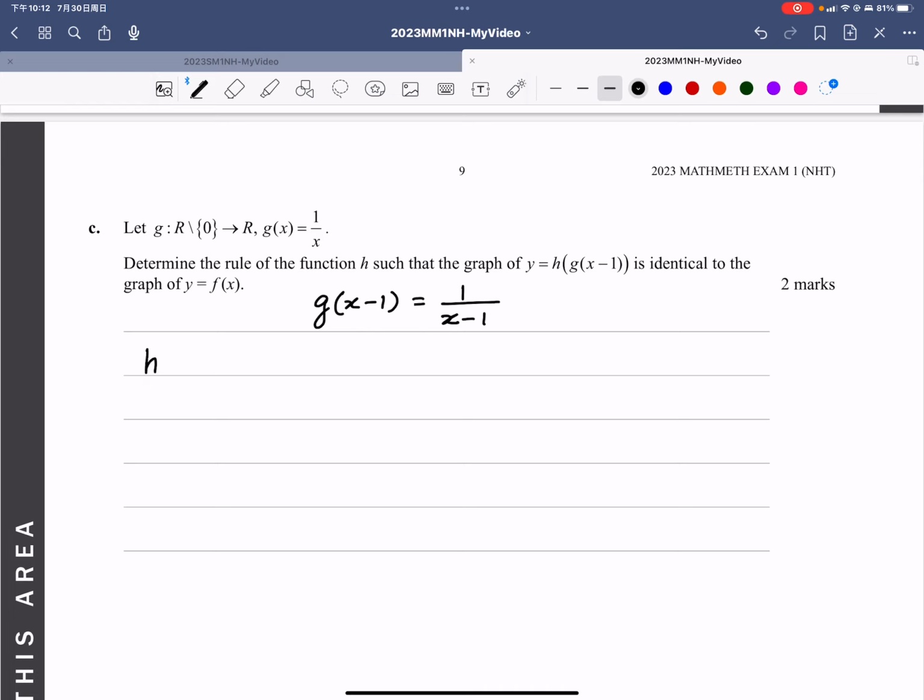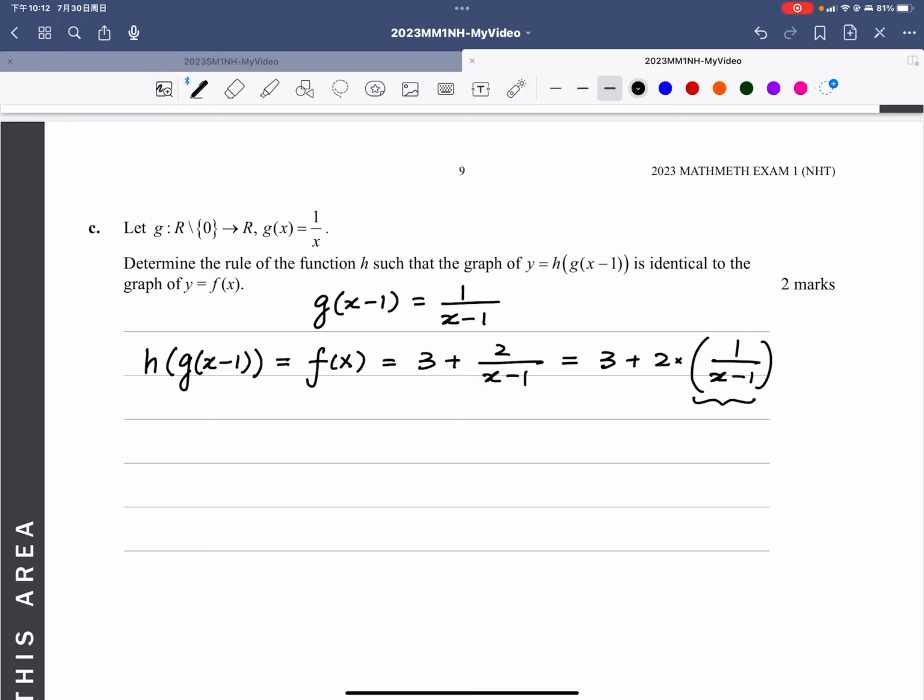Now, we'd like h of g of x minus 1 equals f of x, which is 3 plus 2 over x minus 1. So it will be very handy if you recognize 3 plus 2 times bracket 1 over x minus 1. So simply speaking, you can write this as h of g of x minus 1 equals 3 plus 2 lots of g of x minus 1.